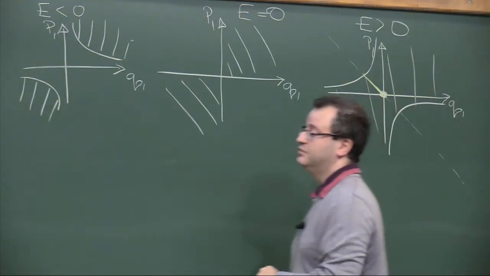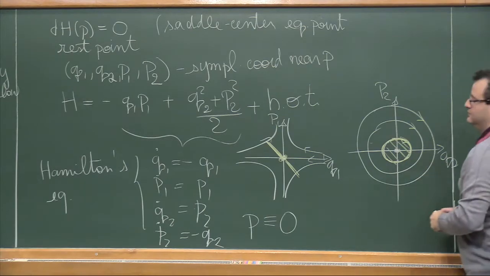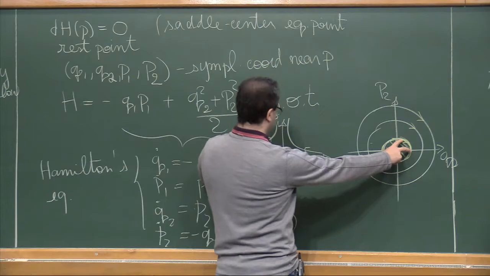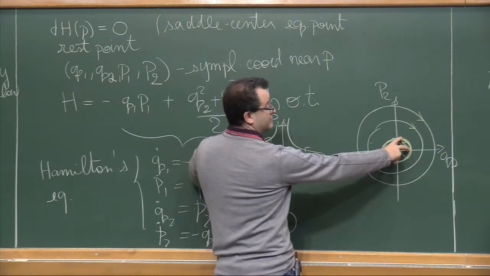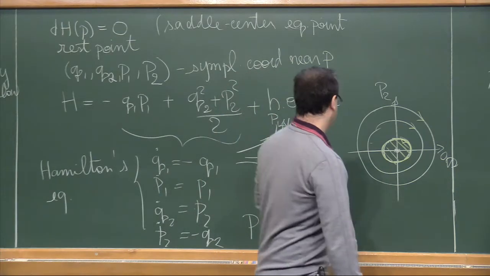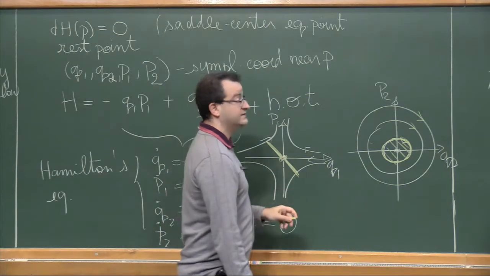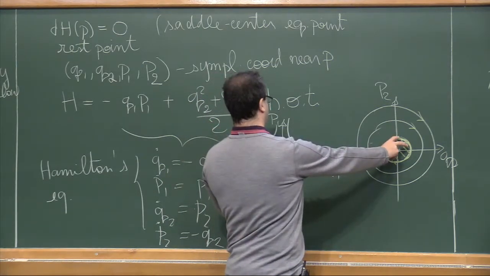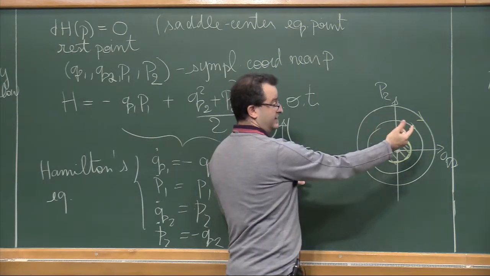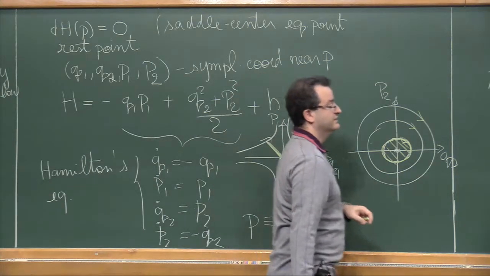So these points in this projection correspond to the disk here. For each point here, there is a circle, and when you vary from here to here, these circles shrink to 0. And if you are here below, it's the same thing. So when you move the point here, the corresponding points in this plane at that energy level correspond to a disk that shrinks.